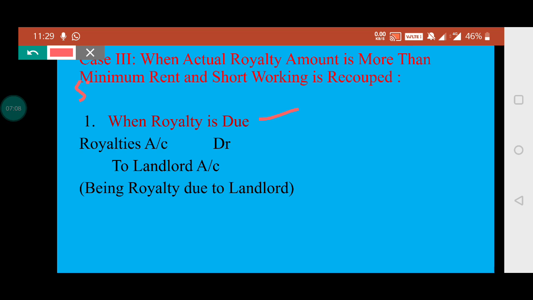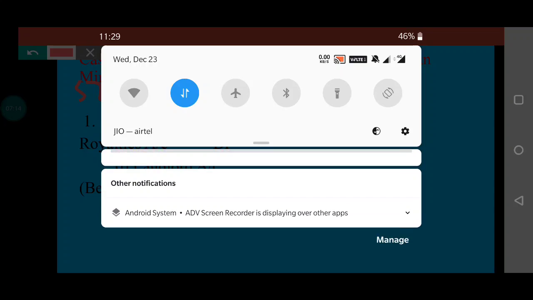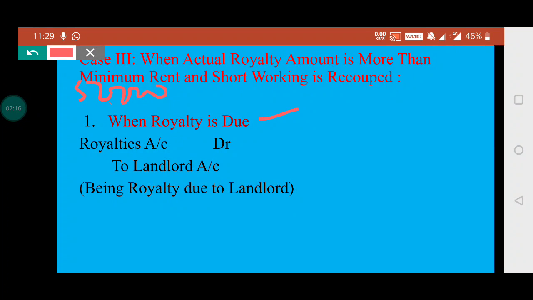Minimum rent is 50,000 as usual. If your royalty amount is 60,000, that means 10,000 you can recoup here. Okay. Deficit has happened, so that deficit you are recovering here.